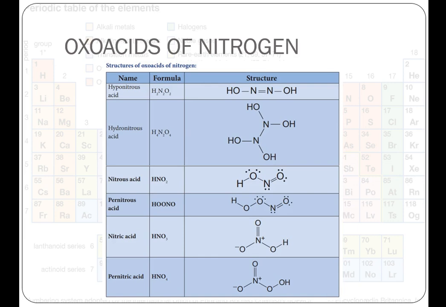Then we have hydronitrous acid, nitrous acid, pernitrous acid, nitric acid and pernitric acid. Among all these, nitric acid HNO3 is the most important.